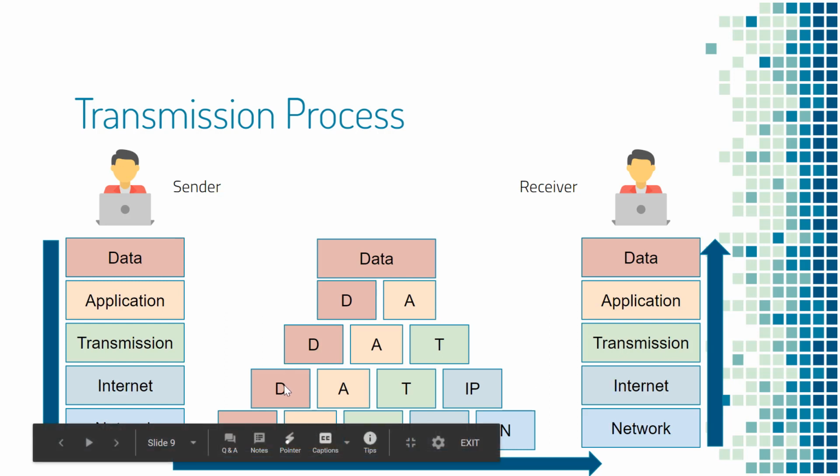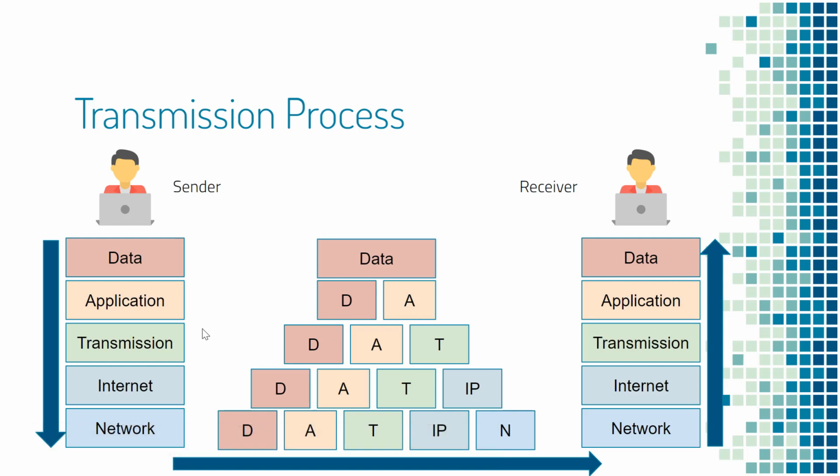As you can see here, it's going to add an extra piece of data, which is related to the internet here. Once it's done, it's going to pass it down to the network, where it's going to add some extra functionalities to the whole frame.